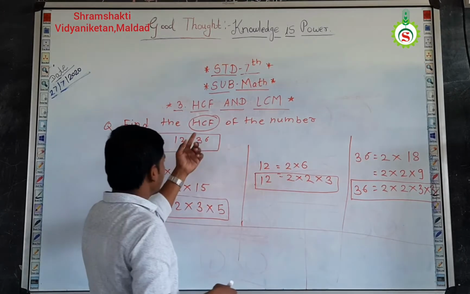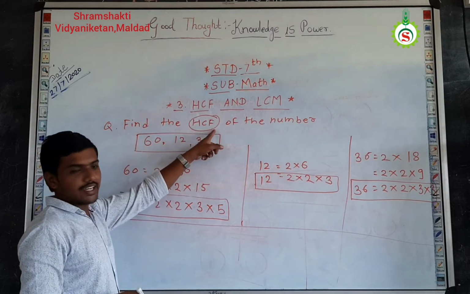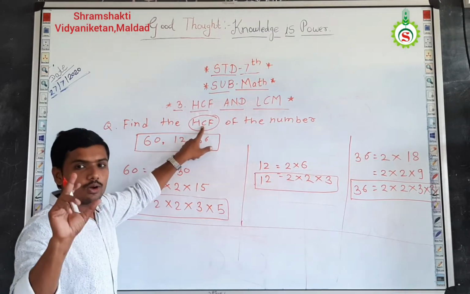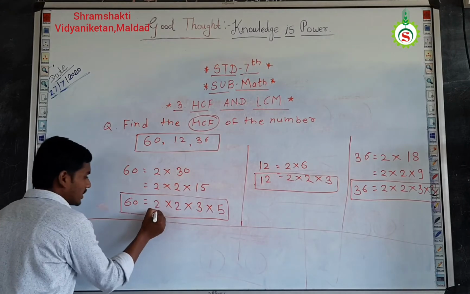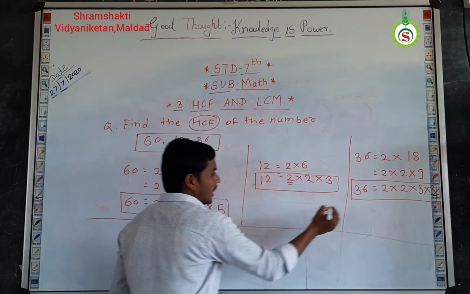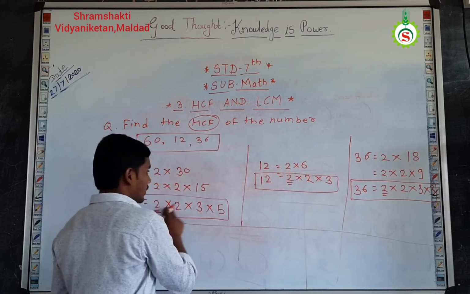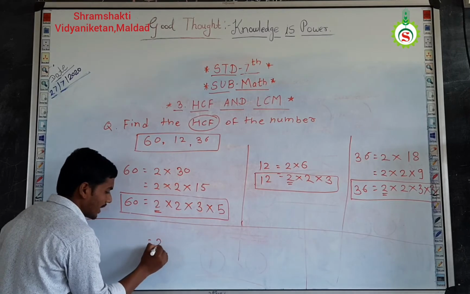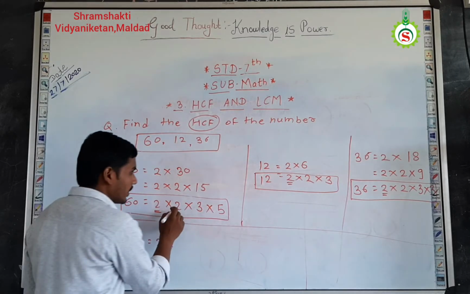Now the next step is the highest common factor. So the factors I have found. Now I have to find the common factors. Now for the 60, there is a 2, here is also 2, and here is also 2. That means that 2 is common in all the 3 numbers. So which are the common factors? Firstly 2. Now next 2.